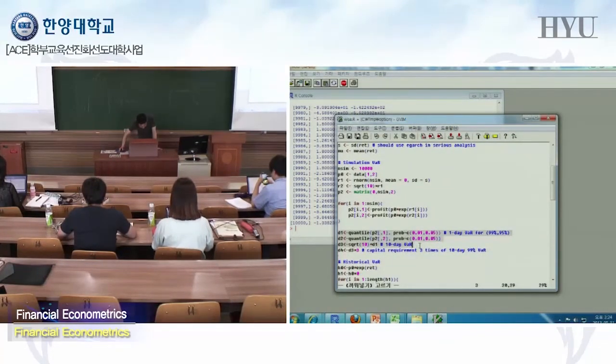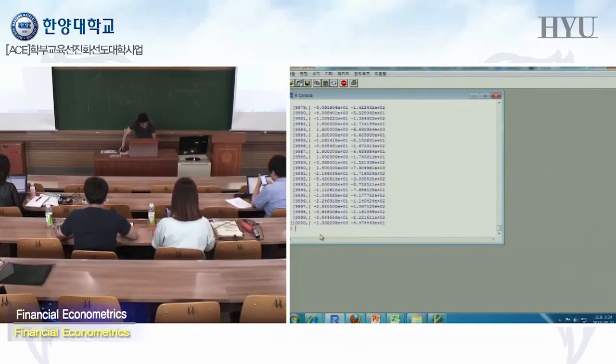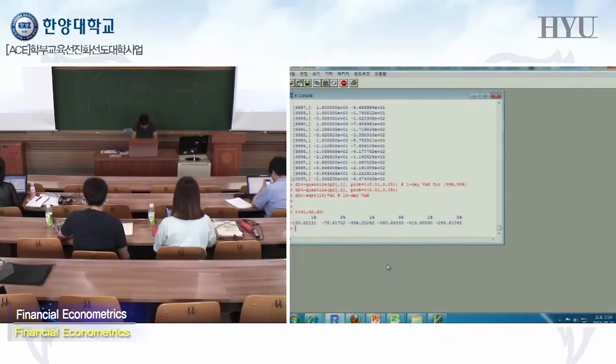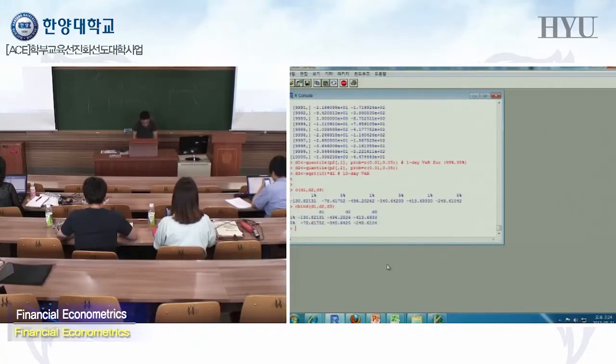So let's do this one. Basically I did 3 ways: D1, D2, D3. D1 is the 1 day value at risk for 99% and 95%.